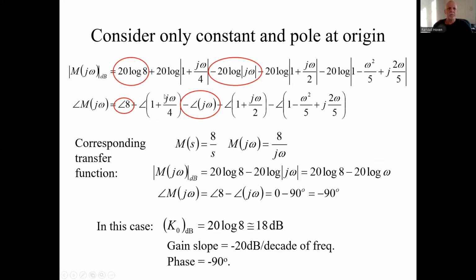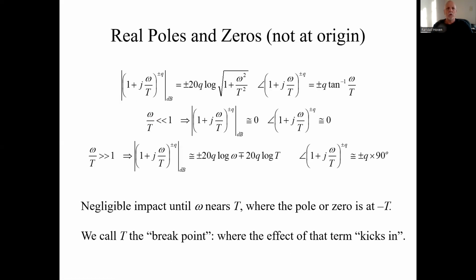Remember all the terms? Like here, the T was 4. Here, the T is 2. Here, it's 5. Those are the break points. For omega much smaller than those break points, they don't contribute anything to the gain or the angle. Remember, they add.